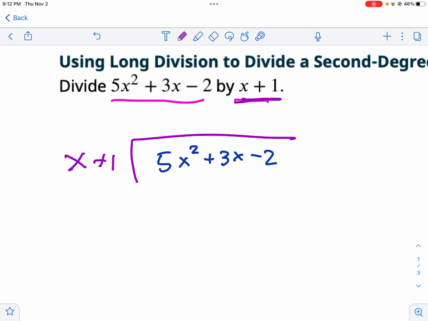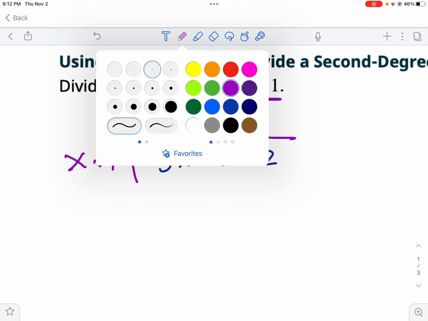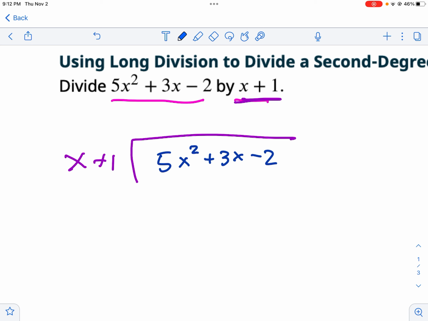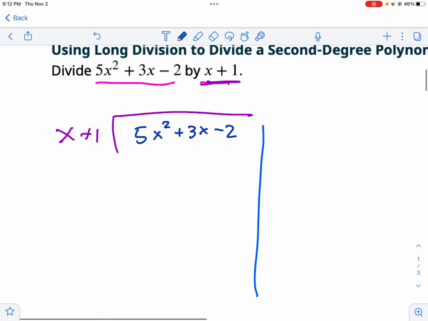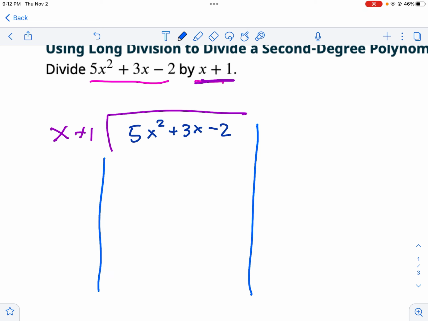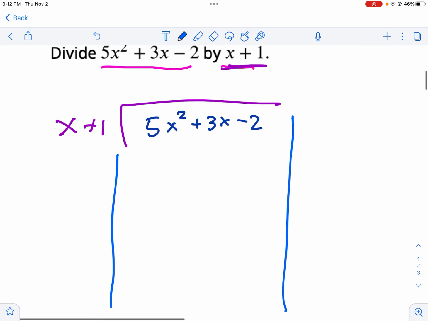So you can do this mentally in your head, or you can do a little trick to help you figure it out. The little trick, what I like to do, if I split my paper into 3 parts, if you ever forget how to do this, if I take these two numbers and I divide them, this is equal to 5x.